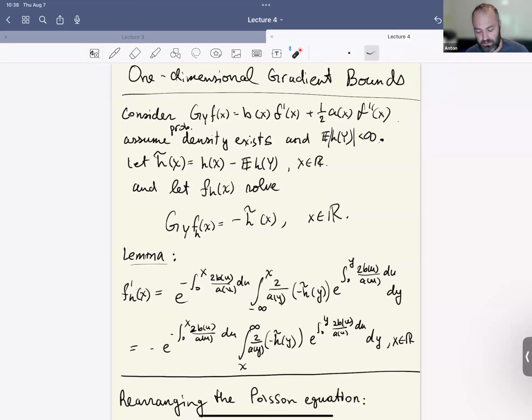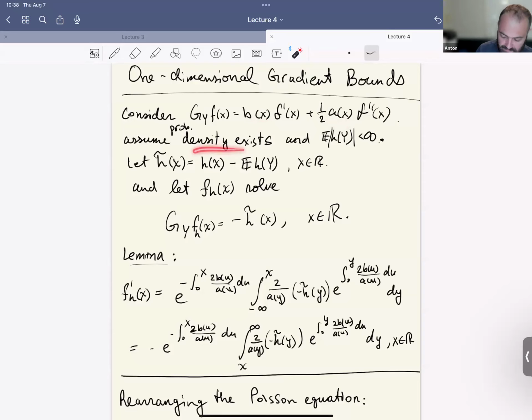So, what is the agenda? We're going to talk about one-dimensional gradient bounds, the diffusion generator. I'm going to start from the generic diffusion generator, and then I'm always going to specialize to our special case so that it sticks better. We have a generic second-order differential operator with a drift and diffusion coefficient.